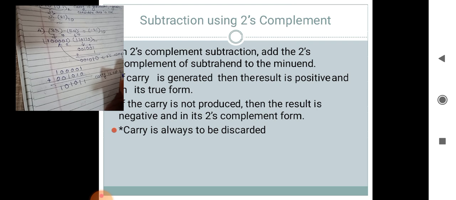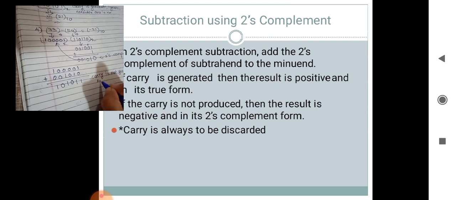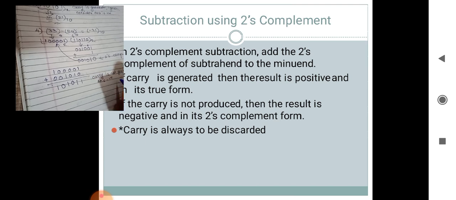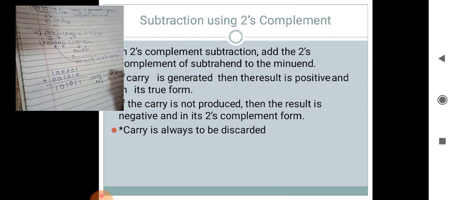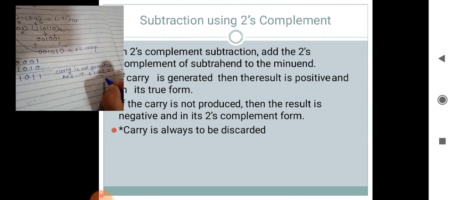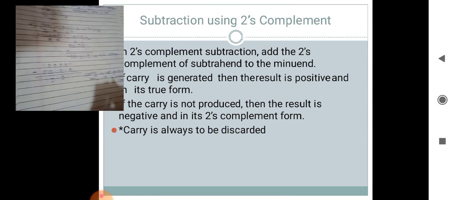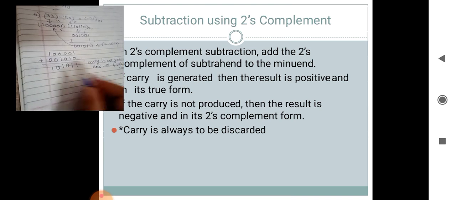That means the answer is negative, and we take the 2's complement of the answer. Writing this comment is necessary.